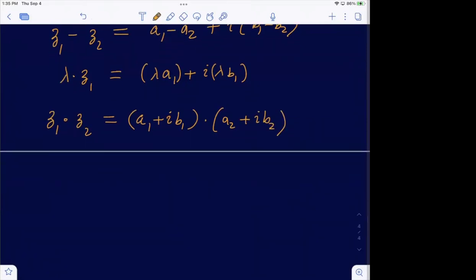Think about it just like foiling. If you foil this, what would you expect? In fact, this is not just an operation that we are performing. It is a definition. The product of two complex numbers is a definition and not a derivation.